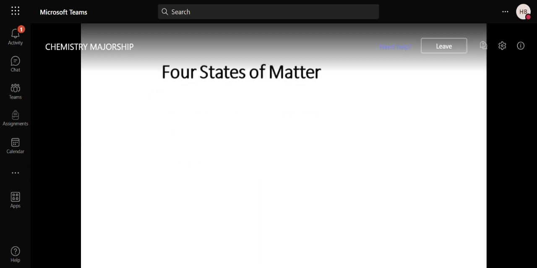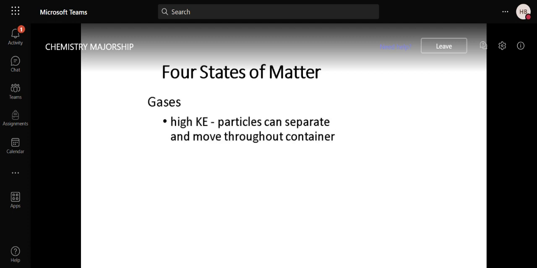Right? And of course, the third one, we have gases. So of the three, ano kaya ang kinetic energy nito? Malamang high kinetic energy also. Okay? And the particles of gases are separate and they can move throughout the container. Anong ibig natin sabihin dito? So going back to the balloon I was talking about earlier when I was telling you that air does occupy space.